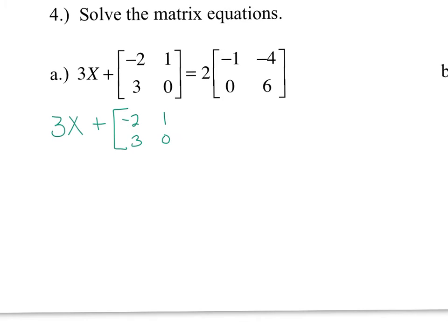I'm going to keep the left side of this equation the same, but on the right side, I'm going to multiply everything by 2. So I'm doubling all the numbers inside there. And then again, just like any other equation, I want to get X by itself, so I want to subtract this matrix to the other side of the equation.